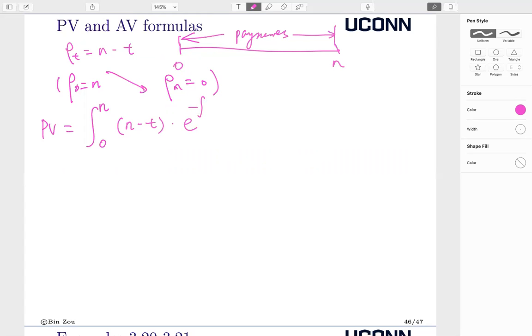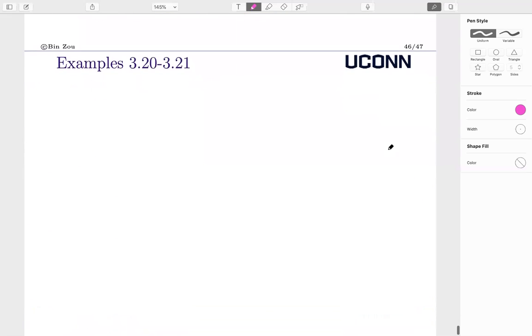I want my PV to be evaluated at 0, so that is the meaning of 0, to the current time, delta ds dt. Okay, now please do the integral. Once you do everything, you will actually get the formula you are looking for.